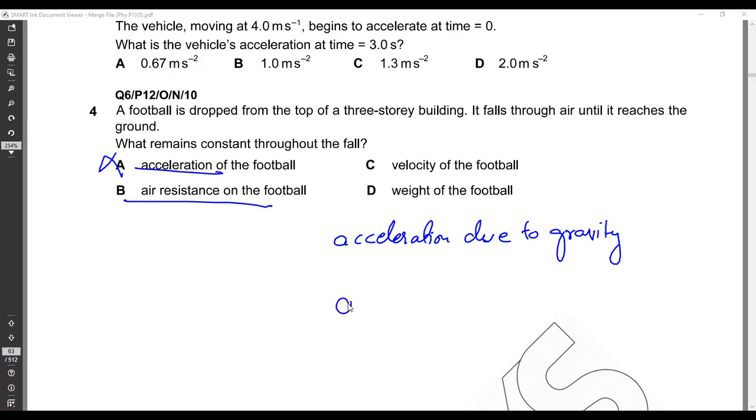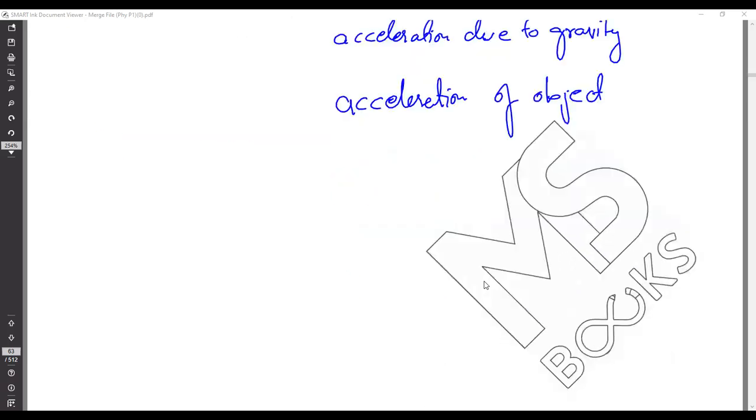That was the acceleration of the object. The acceleration of the falling object may change if there's air friction. Got it? So it was the acceleration of the object which is changing, not acceleration due to gravity.